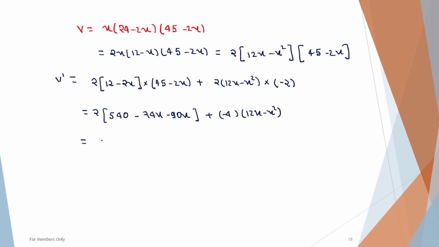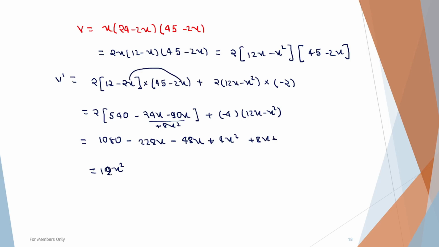So it will be equal to 1080 minus 228x minus 48x plus 4x square, and also 8x square from this term.